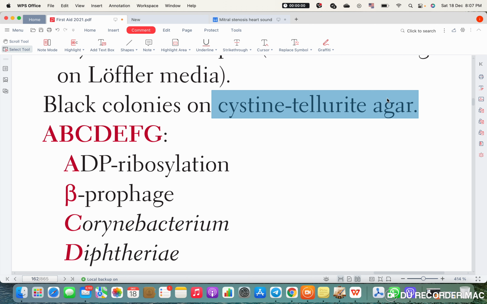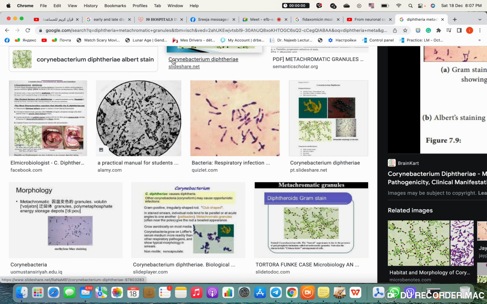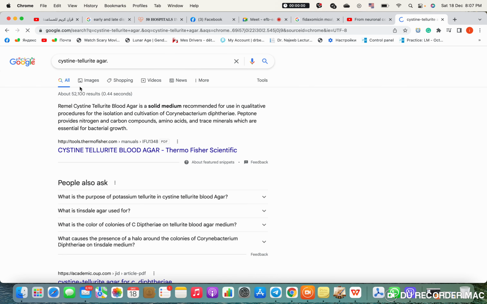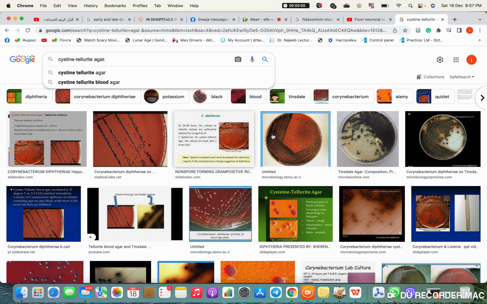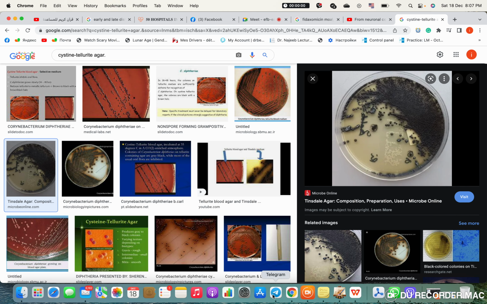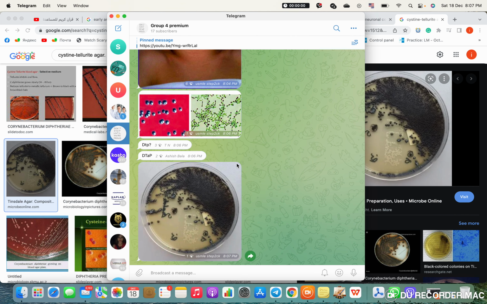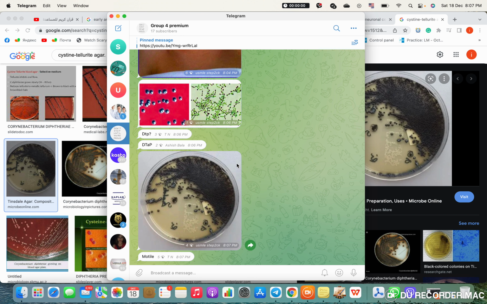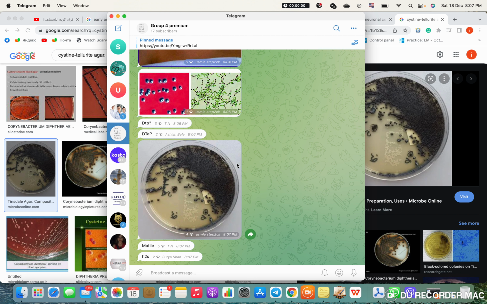He calls the CDC and tells them, oh, I found diphtheria. And they're like, oh, tellurite? Are you sure? Tellurite? So the tellurite agar with diphtheria looks black. Does it remind you guys of which other agar can be black? Which other agar is black? The one for motility, which was H2S.